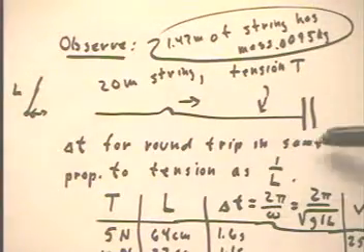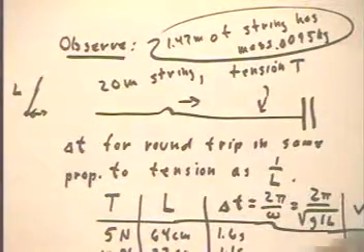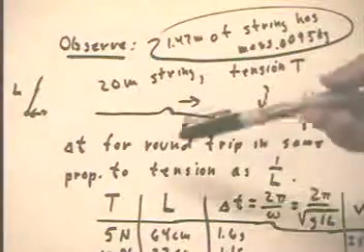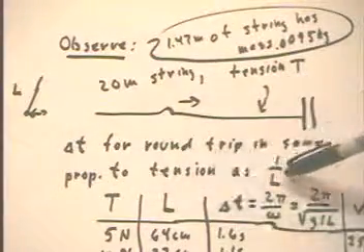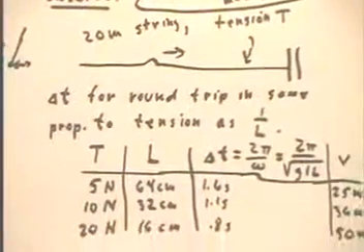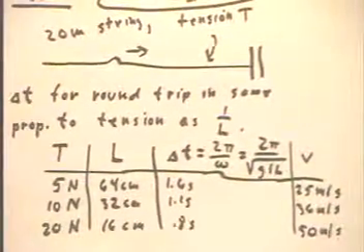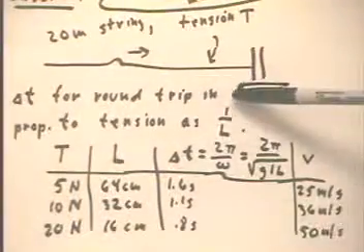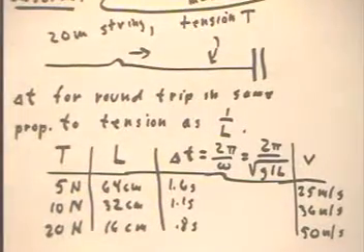Let's back up a second. That is a profound statement, because we observed that the delta T for the round trip was in the same proportion to the tension as the reciprocal of the pendulum length. And that's a real significant proportionality, as we'll see.